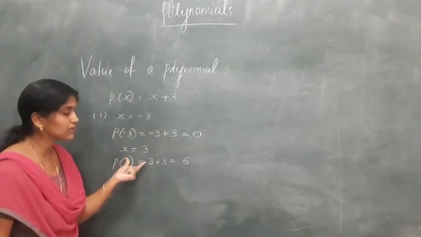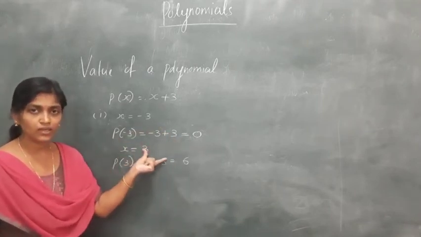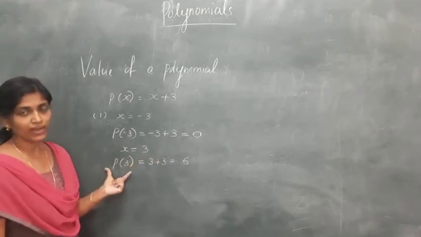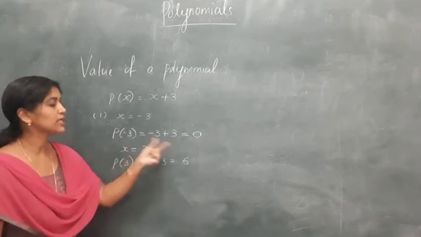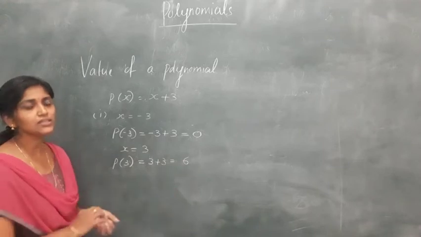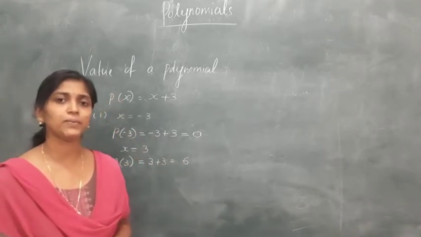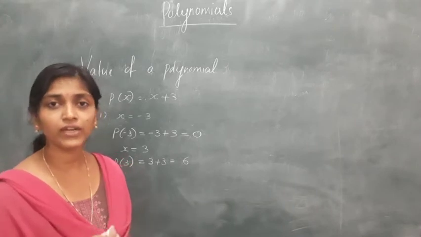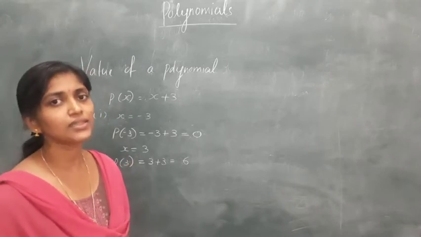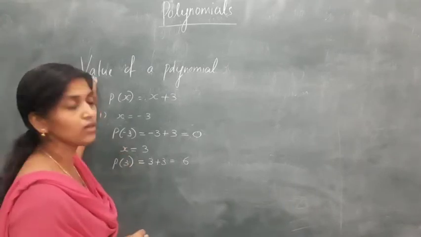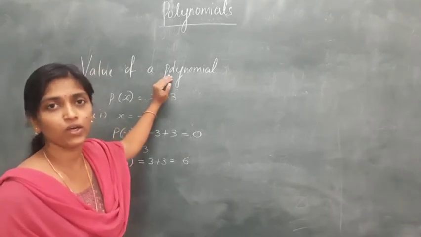In this way, I gave the value of the variable as 3, and I got p of 3 as 6. In this way, when we give different values for the variable in a polynomial, we get different values. Those values we call the value of a polynomial.